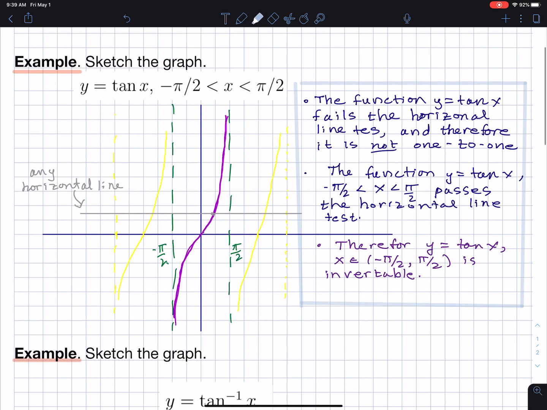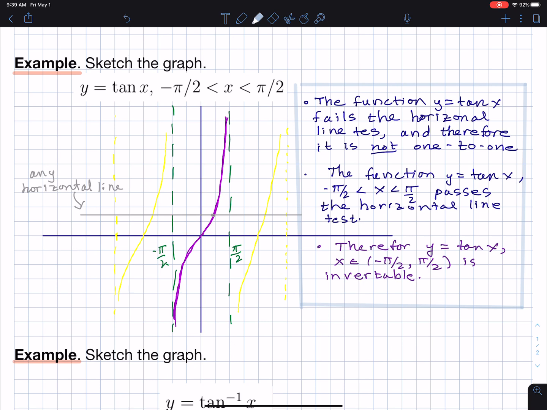Okay, so how do we sketch the graph of tangent inverse, aka arctangent?